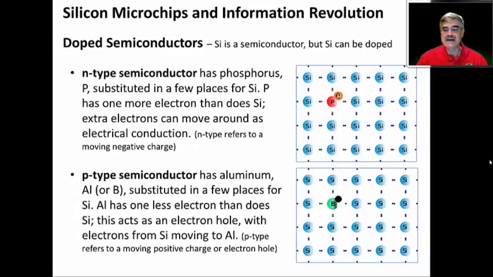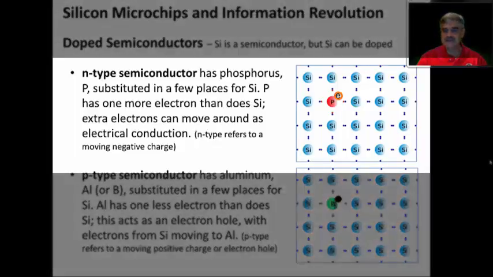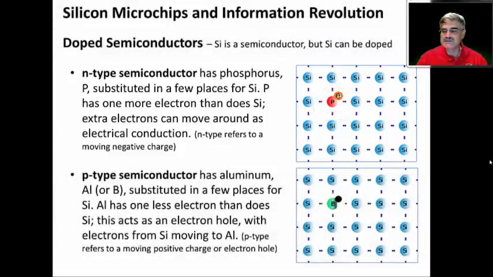In the top example, phosphorus has replaced silicon at one of the positions in the lattice. Now, the key is that phosphorus has one more electron than does silicon. We now have an extra electron that potentially can swim through this matrix of silicon atoms.